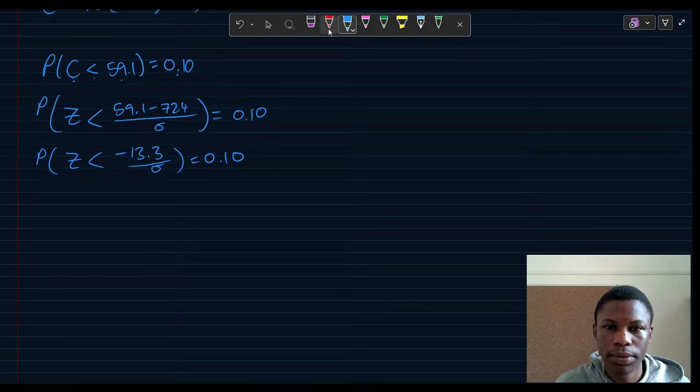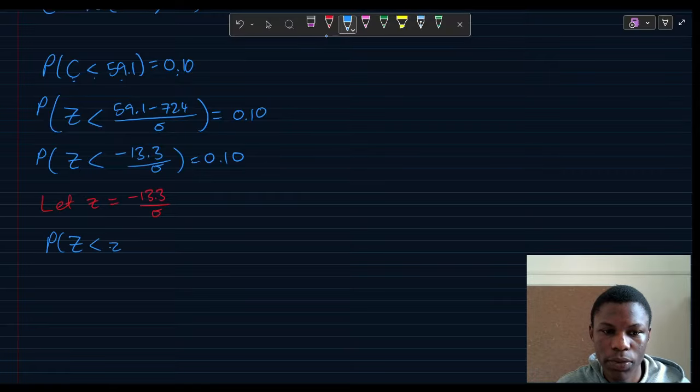For readability, let small z equal negative 13.3 over sigma. So I can write this as the probability that big Z is less than small z is equal to 0.10.